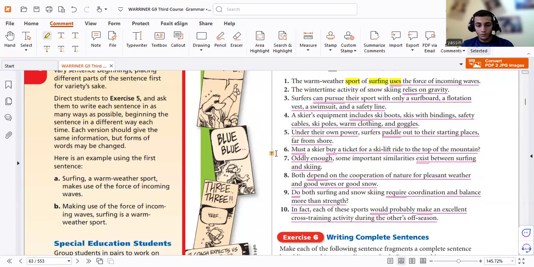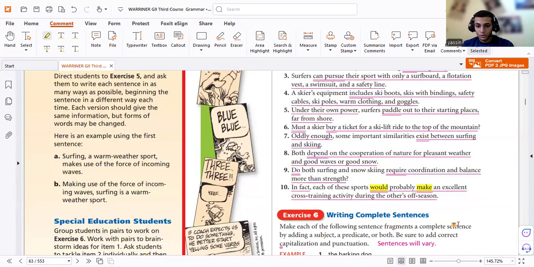Again, what would make... No, it will be sports. So, sports, or each one of the sports.